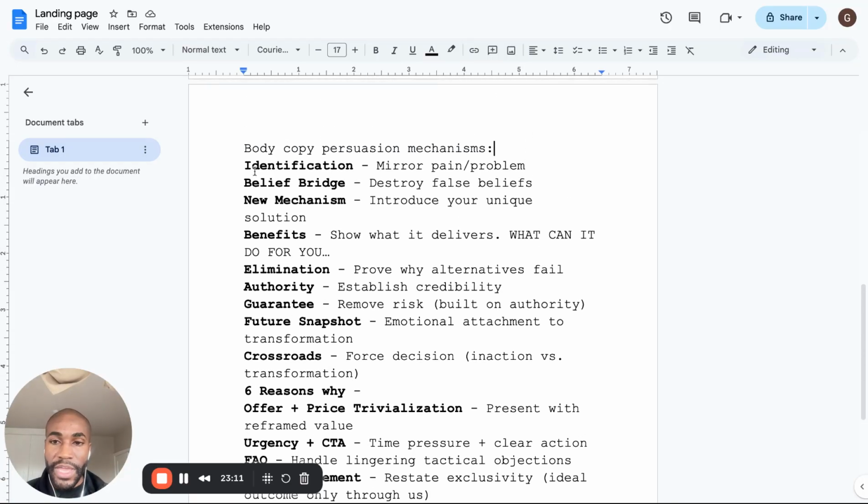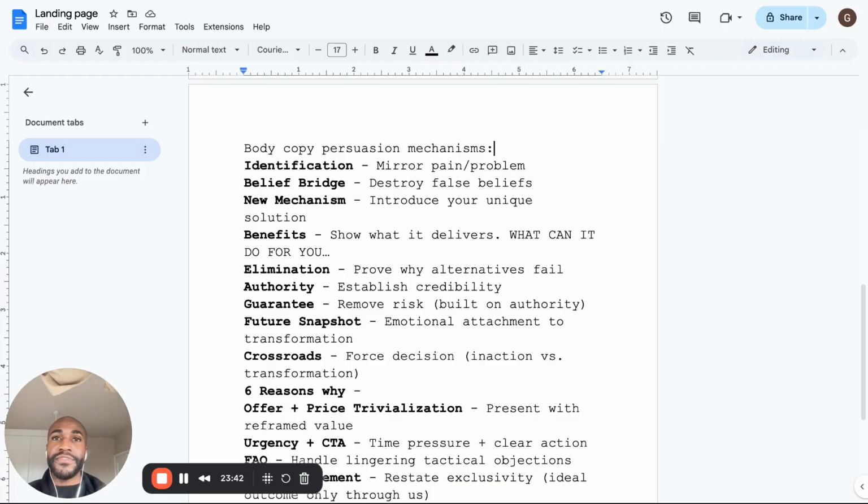But these three elements here, the identification, the belief bridge, as I said, the desire, and also the new mechanism, are very important in terms of shifting people's false beliefs, because people are going to think, yeah, I've seen this before, this is the same stuff everyone's doing. So that's just a way to talk to people when it comes to your landing page. Because as I said, your landing page is your digital online salesperson.